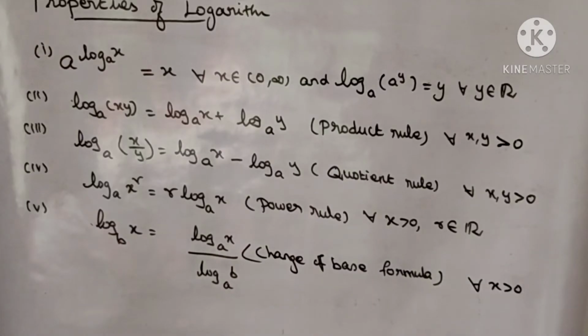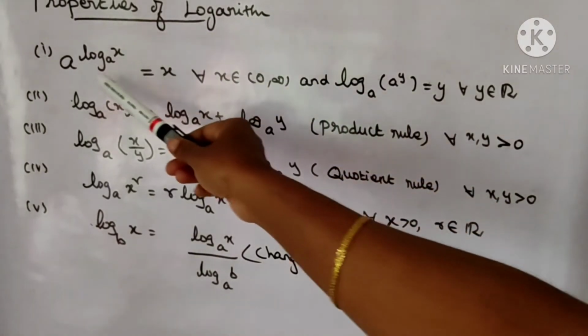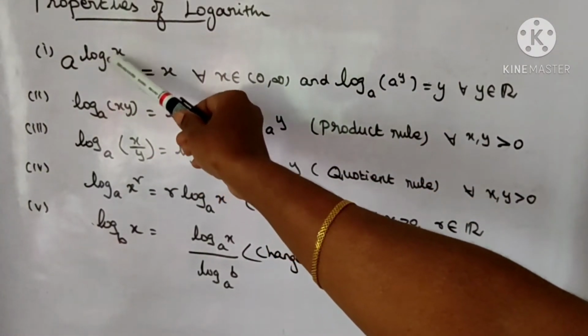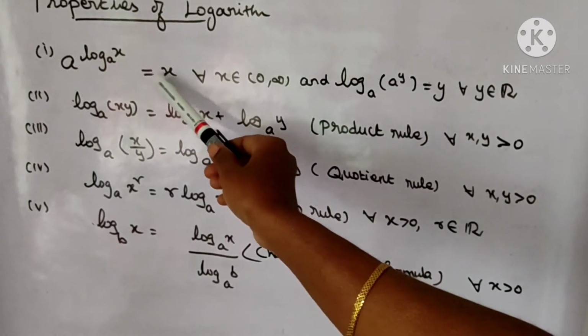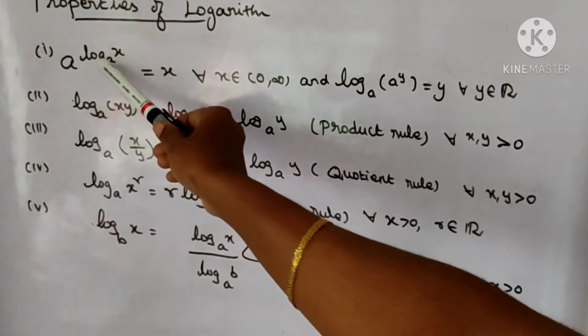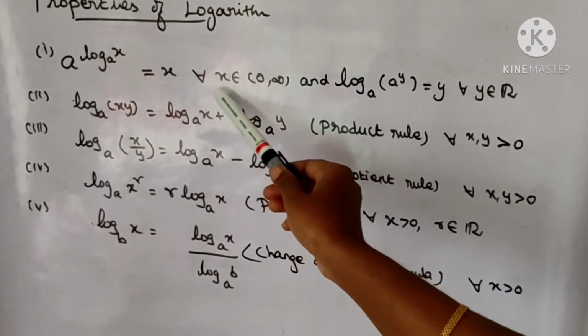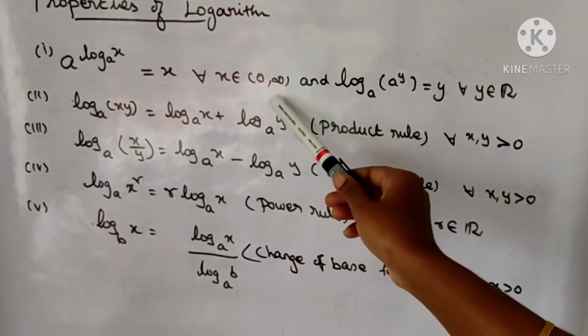Listen to the properties of the logarithmic function. A power log base a of x is equal to x, for all x belongs to 0, infinity.